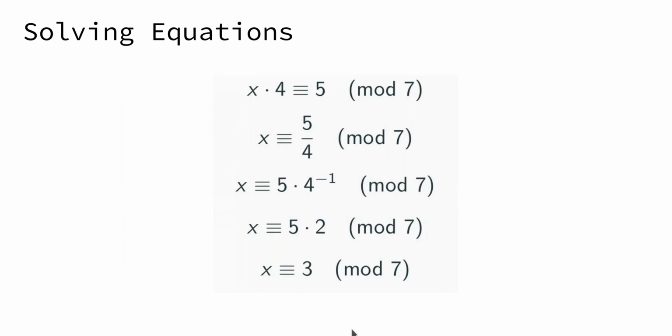And now we have everything we need to solve equations modulo a number. So, just as you have learned in school, you can solve for x. Just when it comes to division, you have to calculate the multiplicative inverse.